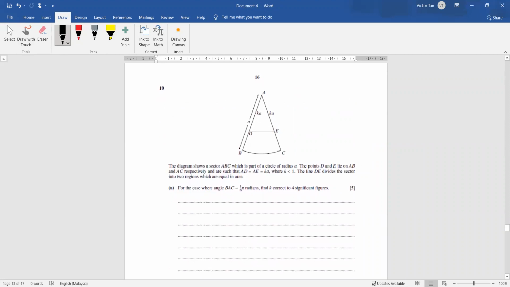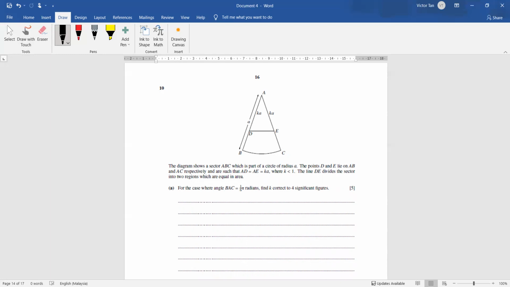Question time. The diagram shows a sector ABC which is part of a circle of radius A. The points D and E lie on AB and AC respectively and are such that AD equals AE equals K. The line DE divides the sector into two regions which are equal in area.